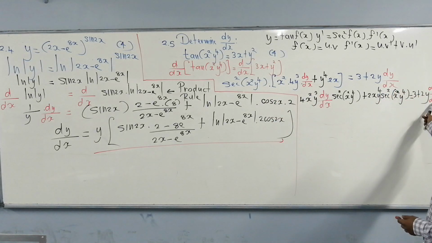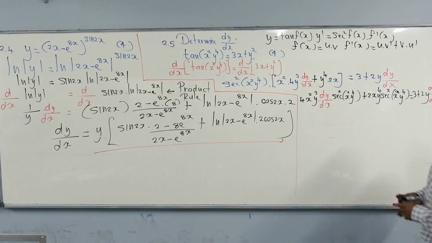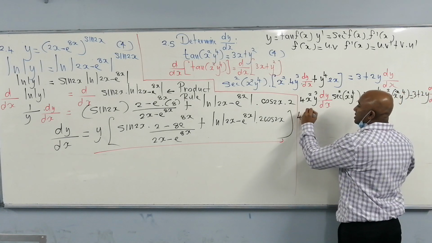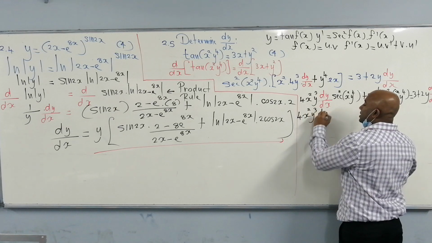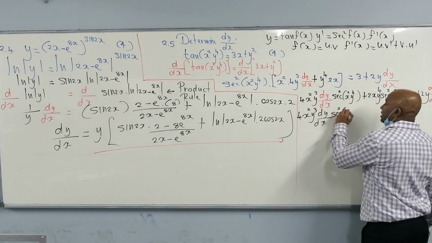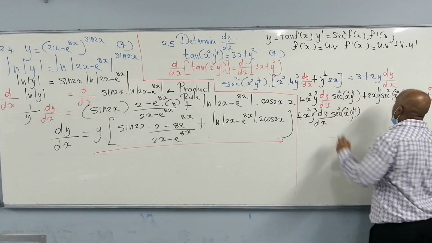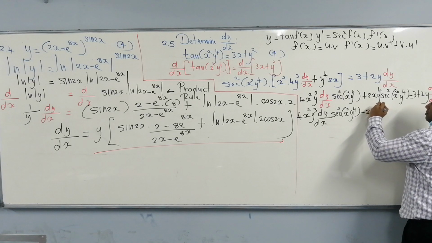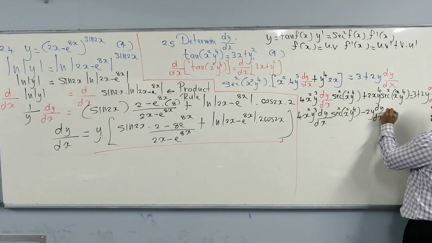Right, now all I'm going to do is take my dy over dx to the left hand side. So I've got my 4x squared y cubed dy over dx times sec squared of x squared y to the power 4 minus 2y times dy over dx.